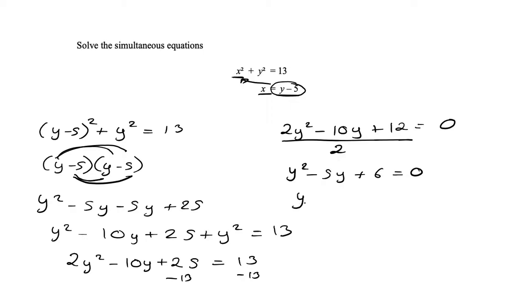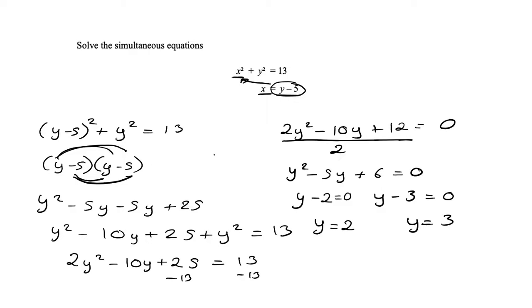So we can have (y minus 2) and (y minus 3), and we can make these both equal to 0. Now we can solve for y. So y can be 2 in one case, and then y can be 3.